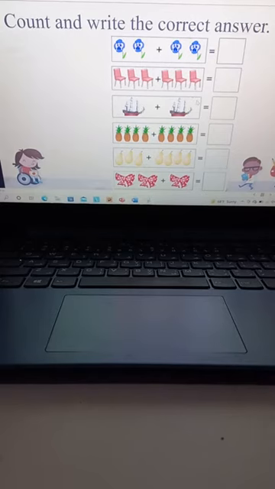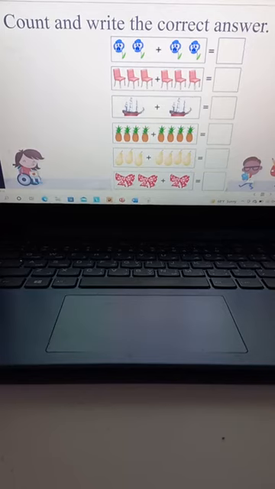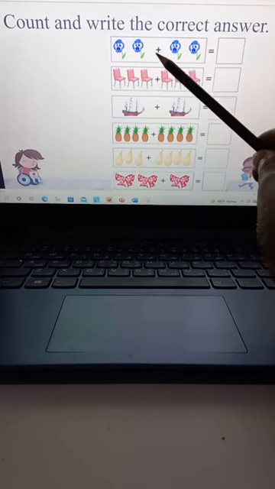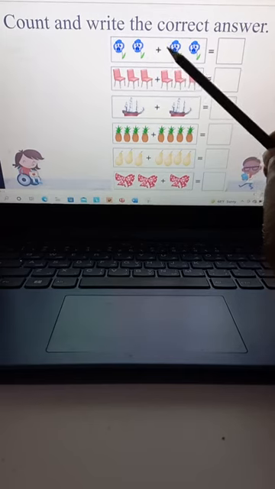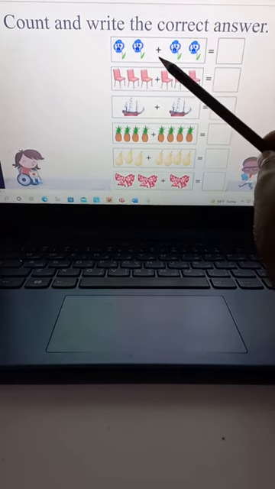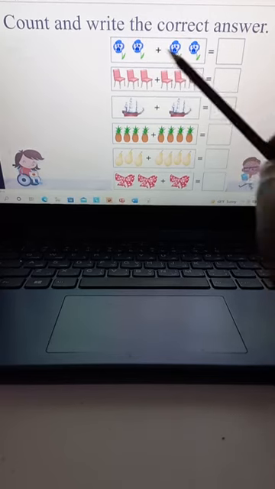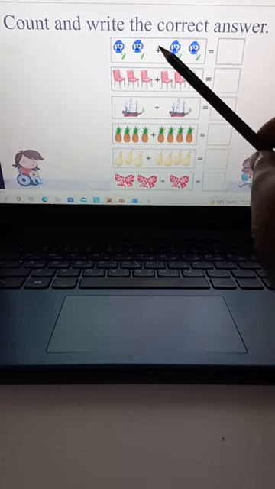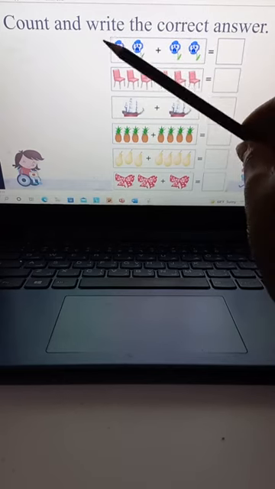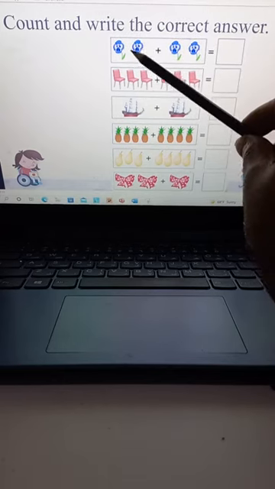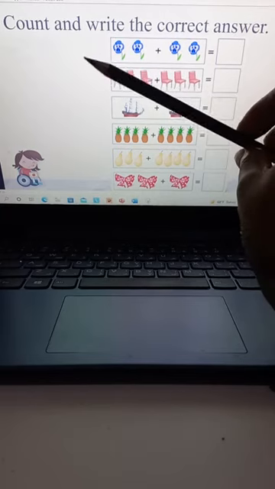Okay, so here we have an exercise. We are going to count and write the answers. Who can tell me what sign this is? I said it before. The addition sign, the plus sign. Whenever we see this sign, it means we are going to add numbers together.